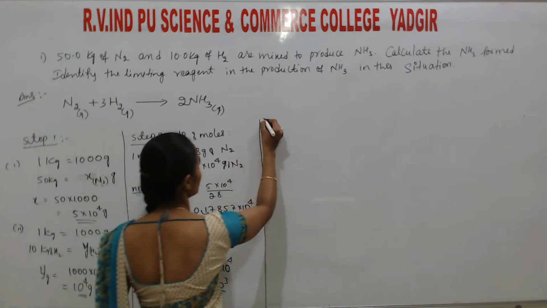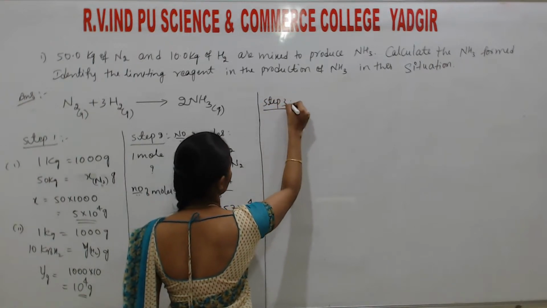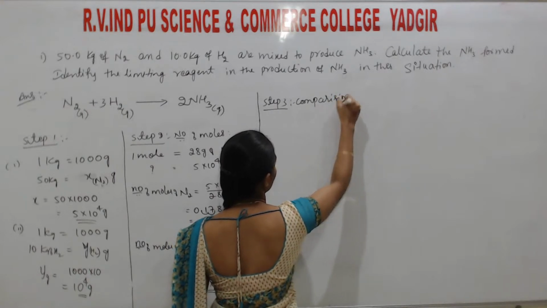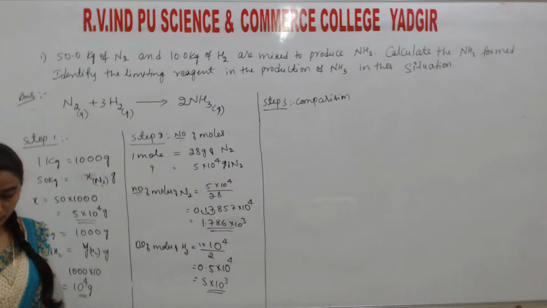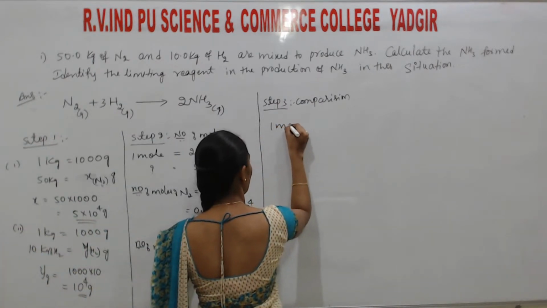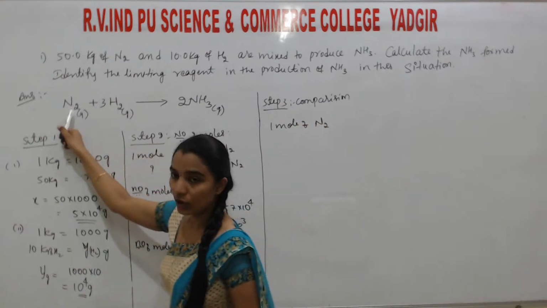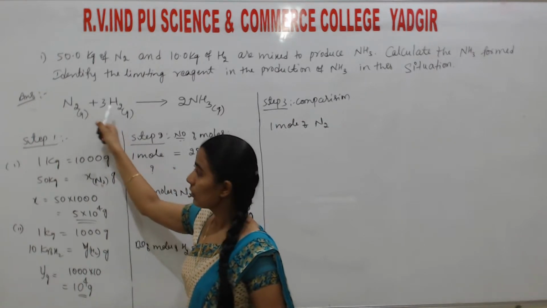Step 3 is comparison. Okay? How we have to compare? Listen. 1 mole of N2 here. 1 mole of N2 requires how many moles of H2? 1.